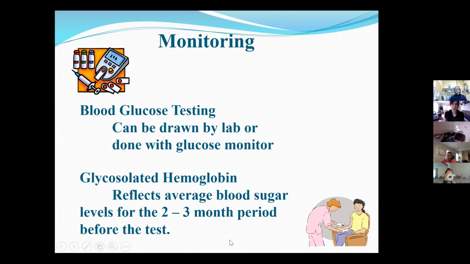This blood test reflects the average blood sugar level for the 2 to 3 month period before taking the test. So this isn't just a snapshot in time, rather it gives us a look at what has gone on previously.